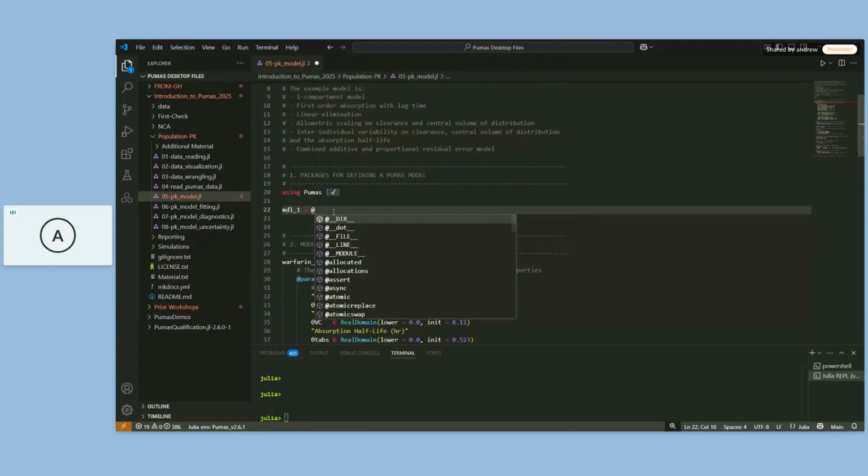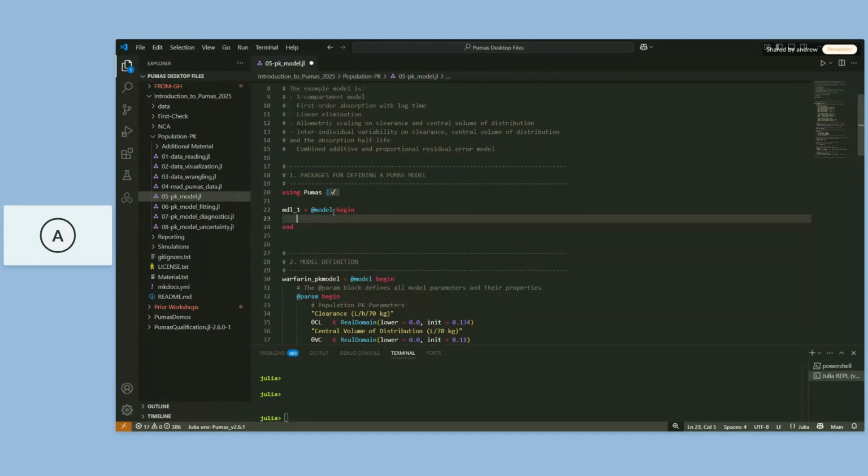This will help if you ever have to build an actual reference to show what you did and what you evaluated over time. You just have all your individual models numbered, and so you can show, in your own mind and your own files, a clear series of events. But just to generate a model, all you need here is @model, begin and end. So right now that creates an empty model.